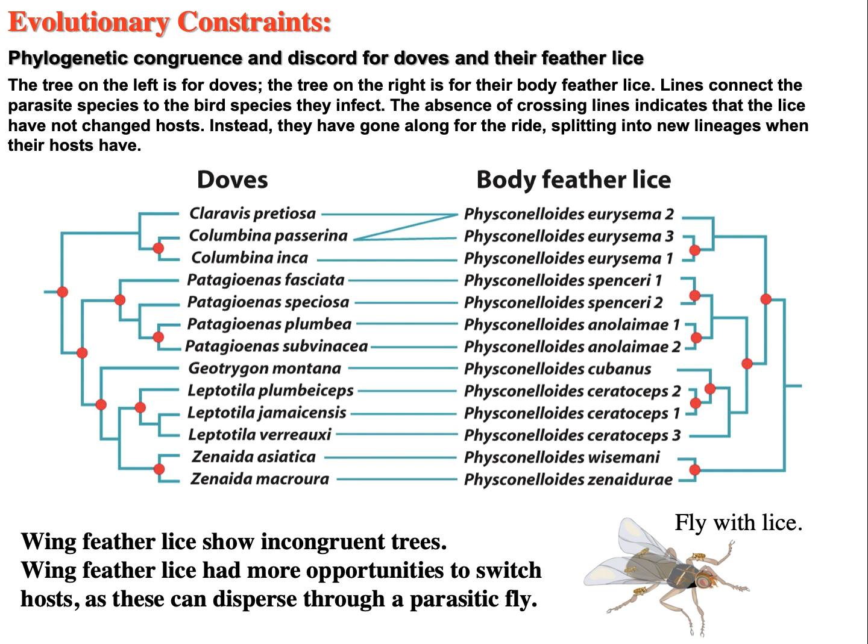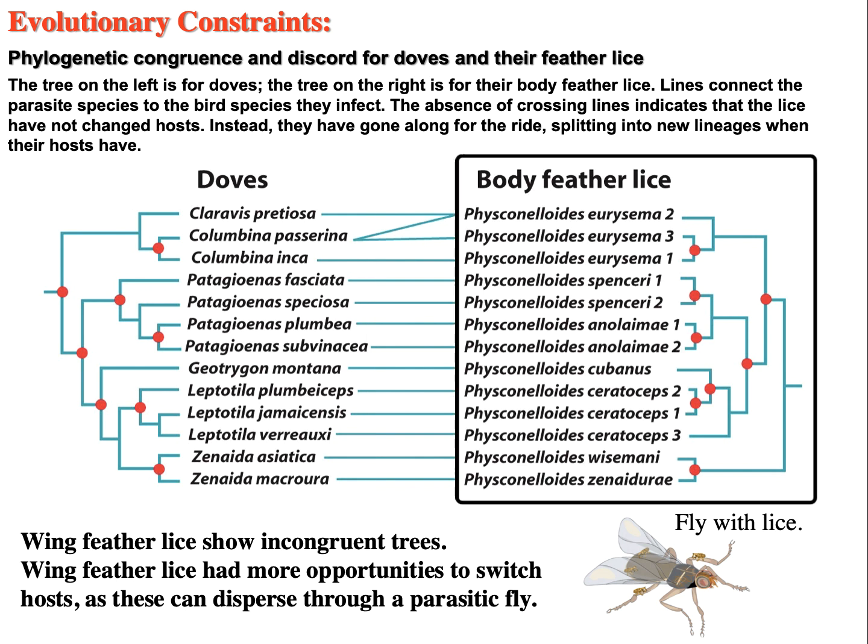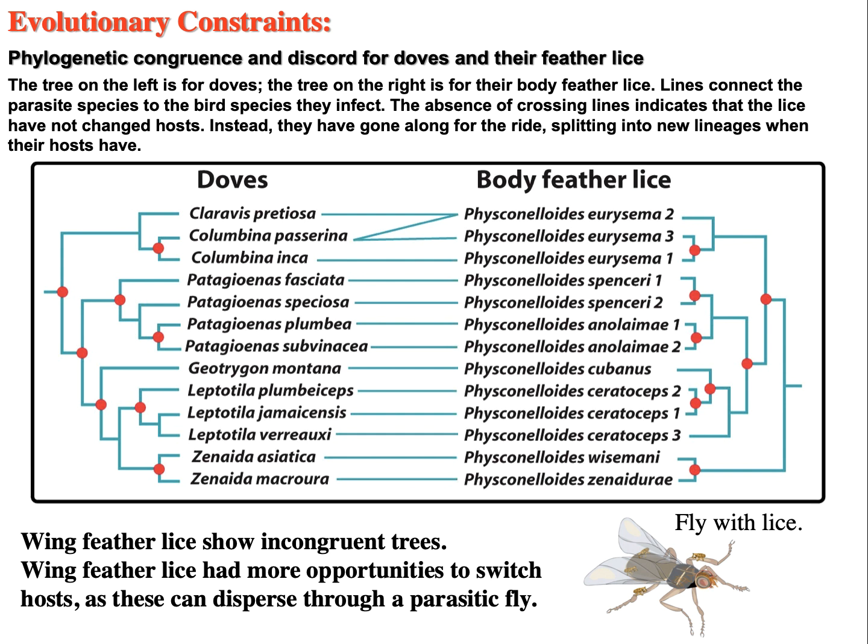Here's an example of an evolutionary constraint. On the left is a phylogenetic tree of doves, and you can see how they have speciated. On the right-hand side is a phylogram of the body feather lice, and you'll notice that both are congruent. That is, they show that when the doves split into new species, the lice also went with them.